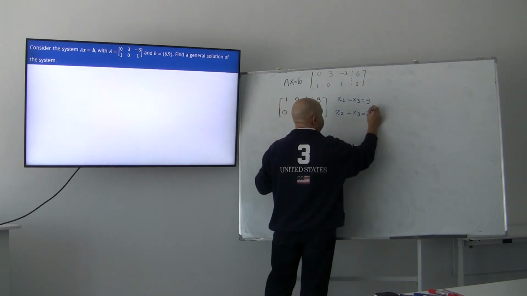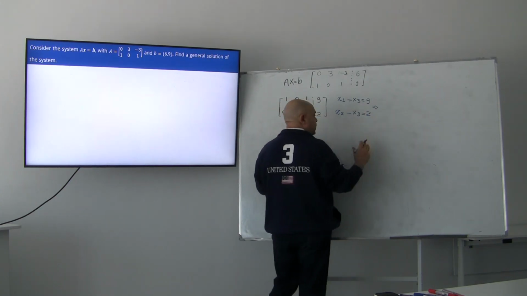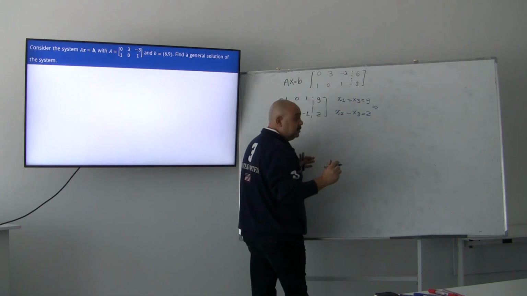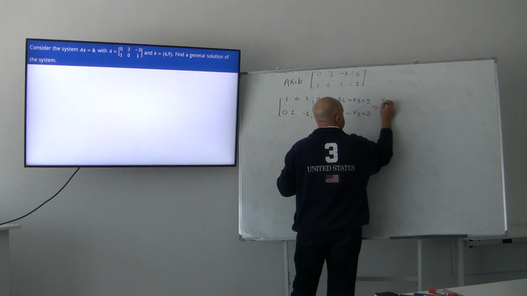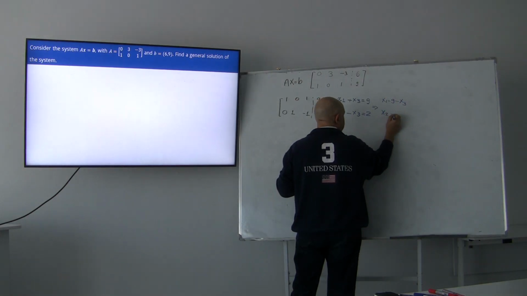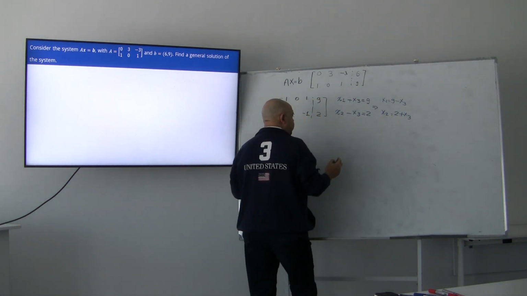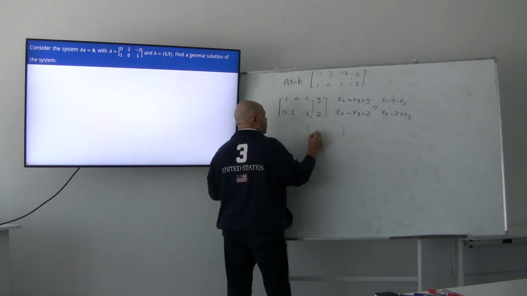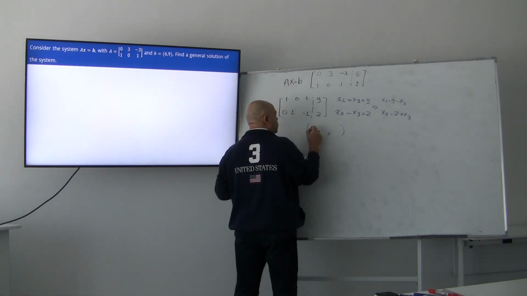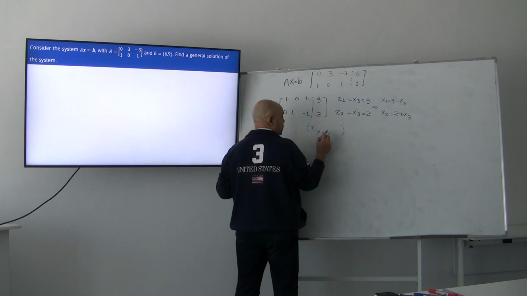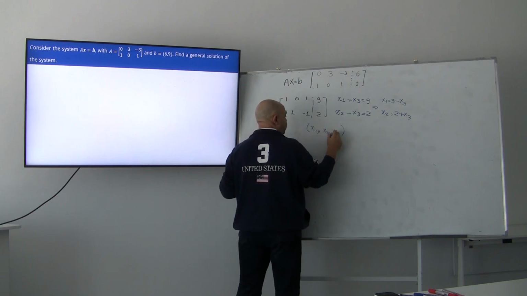And from this set of variables, I can state that x1 equals 9 minus x3, and x2 will equal 2 plus x3, which can be rewritten as the solution set that we need to see. It contains x1, x2, and x3.